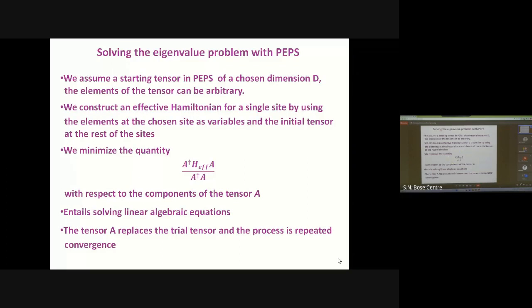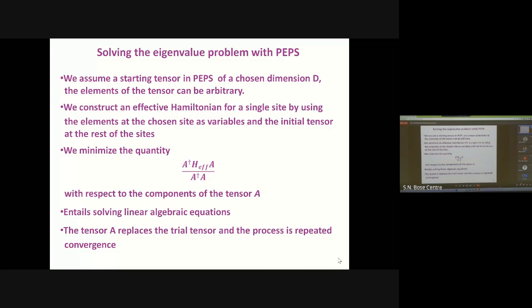You can minimize this effective Hamiltonian expectation value with respect to these m squared components, and you get m squared linear equations, solve them, and you get the matrix. Then you replace all the other matrices by this matrix, go to the next site, and do the same.